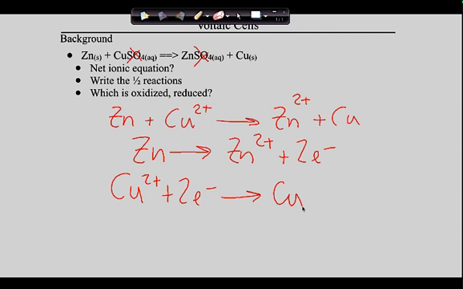So guys, which one of these is oxidation, top or bottom? Top. If you're not sure, oxidation is the loss of electrons. There's the electrons that are being lost. Then conversely, the second one is your reduction because electrons are being gained.